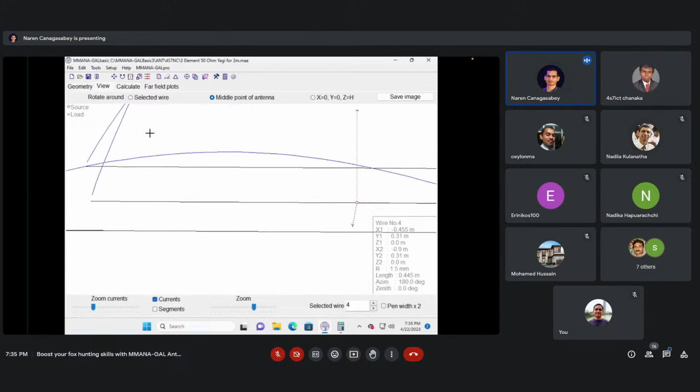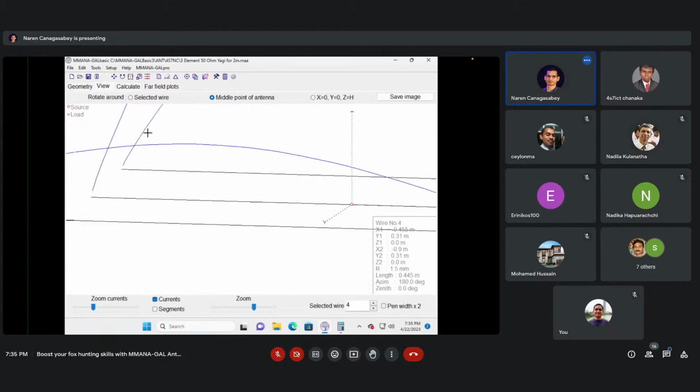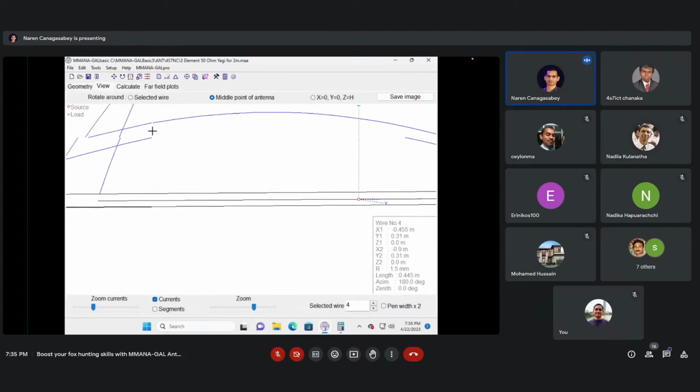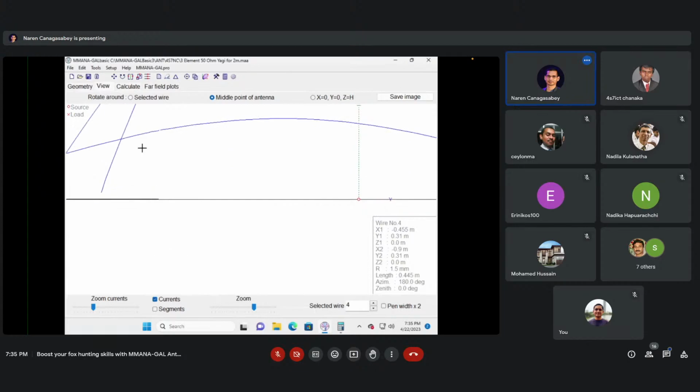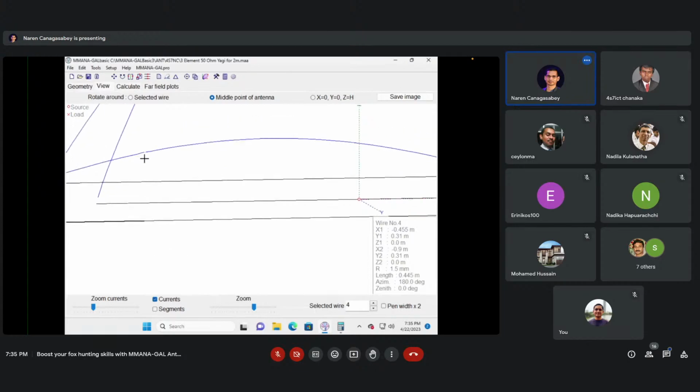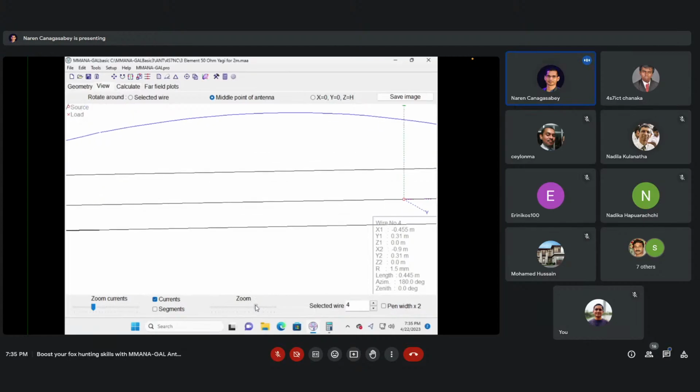So you can see a slight break here, in the current.